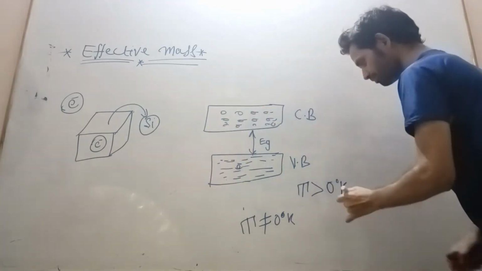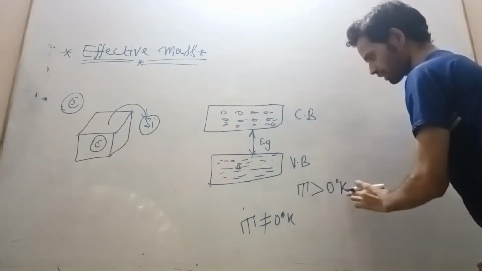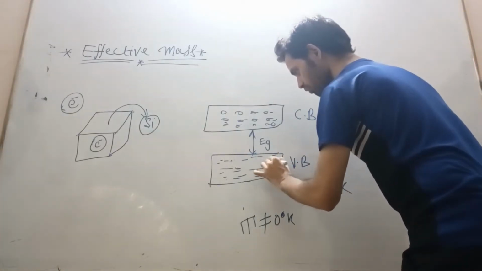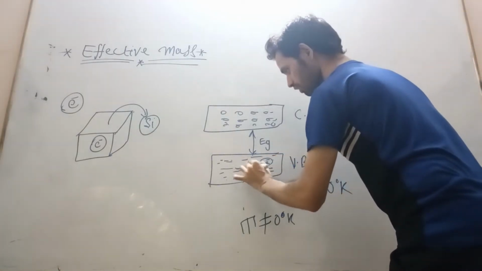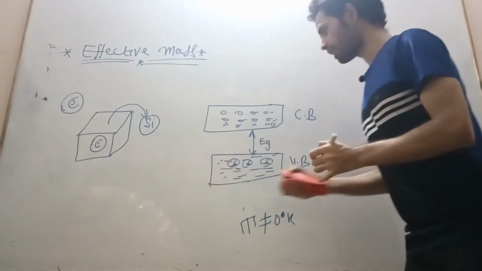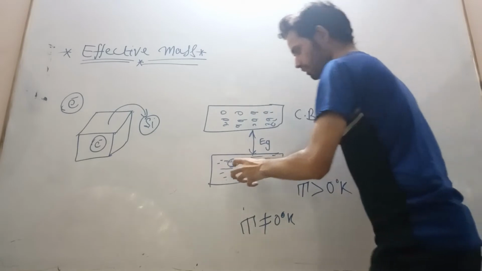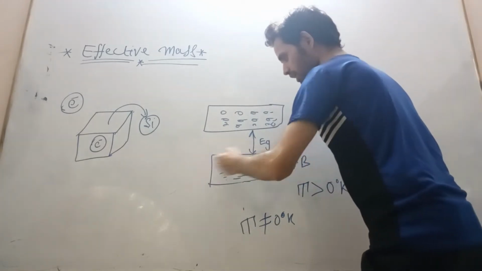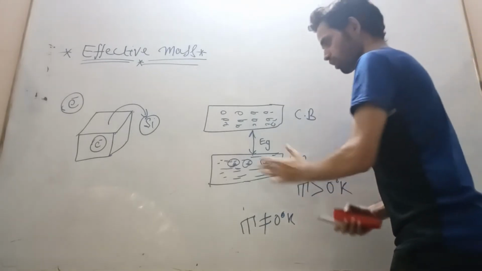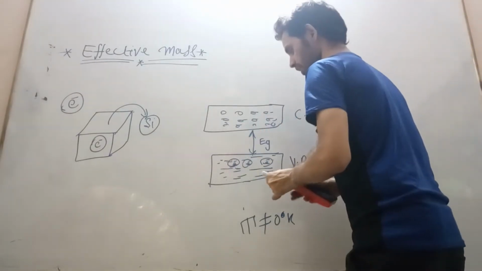So now the temperature is greater than 0 degree Kelvin. The electrons in the valence band gain some thermal energy, break the covalent bond, come out of the bound state of the atom and jump to the conduction band, where they become free.